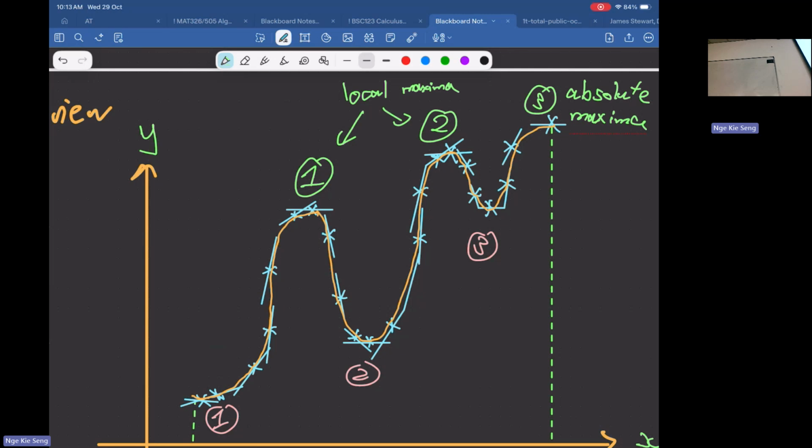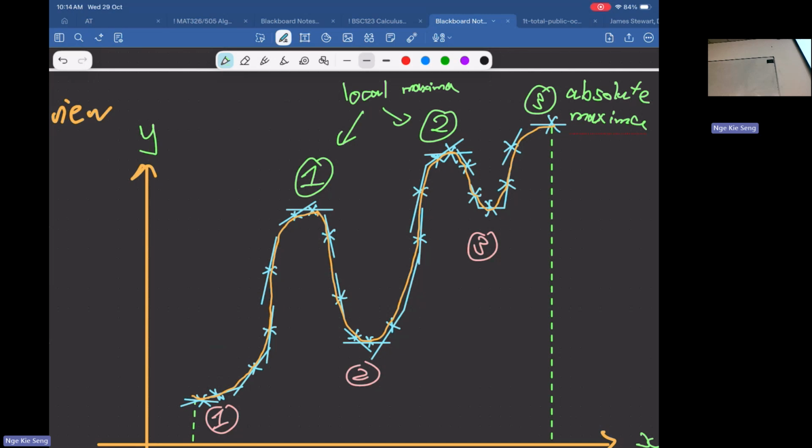But more specifically, Sepang. Local maxima could mean that maybe you are the top in Sepang, but you are not the top in Selangor, not the top in the state.